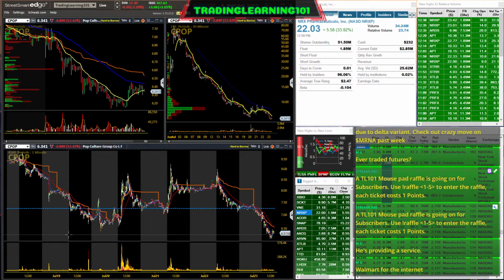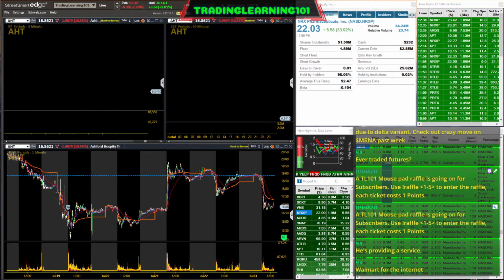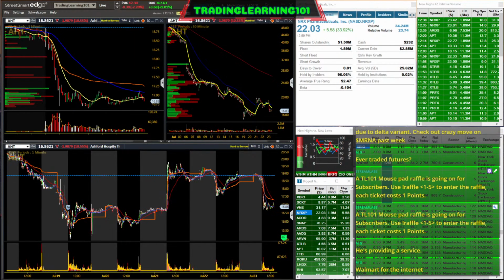That's good opportunity. AHT had a quick pop once it did its reverse split here. Three days later, it runs from $16.50 up to $20.